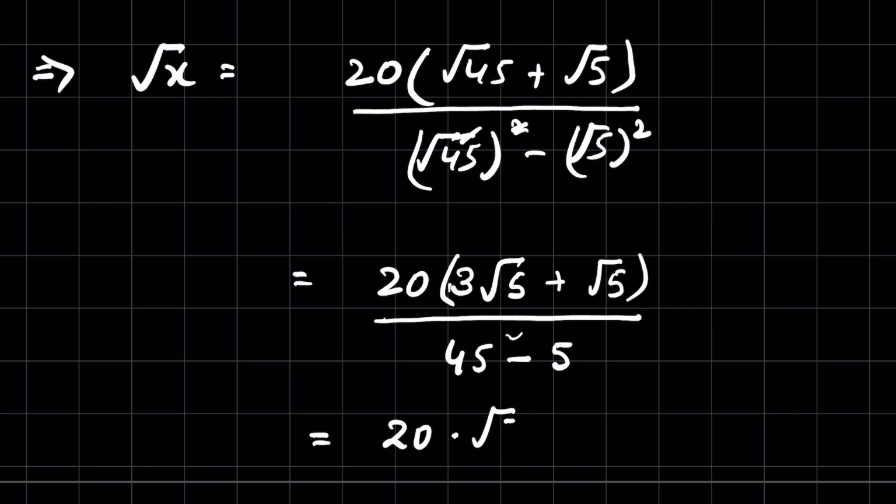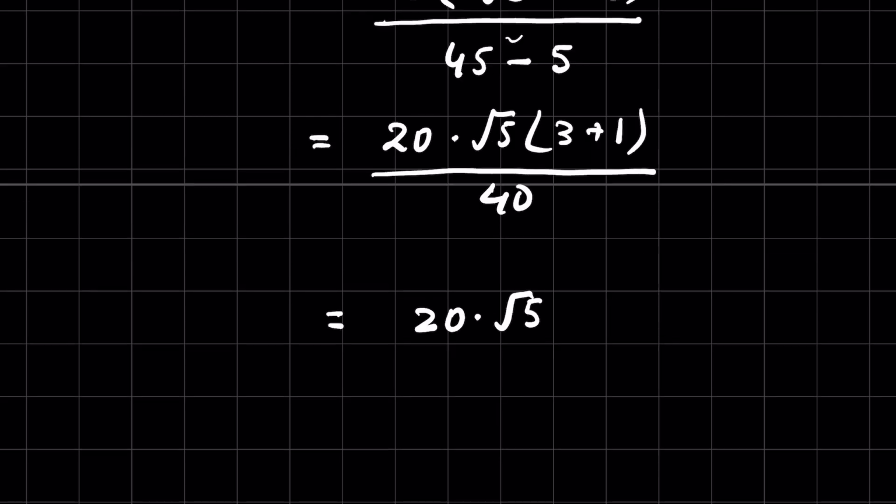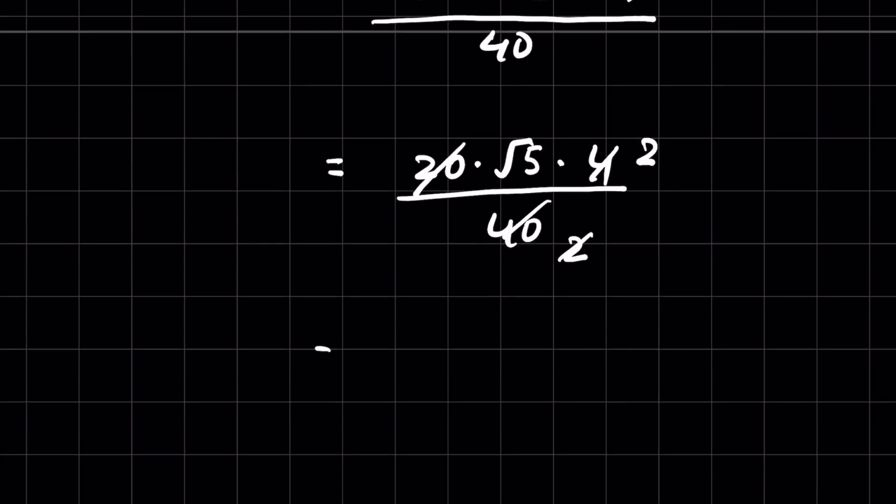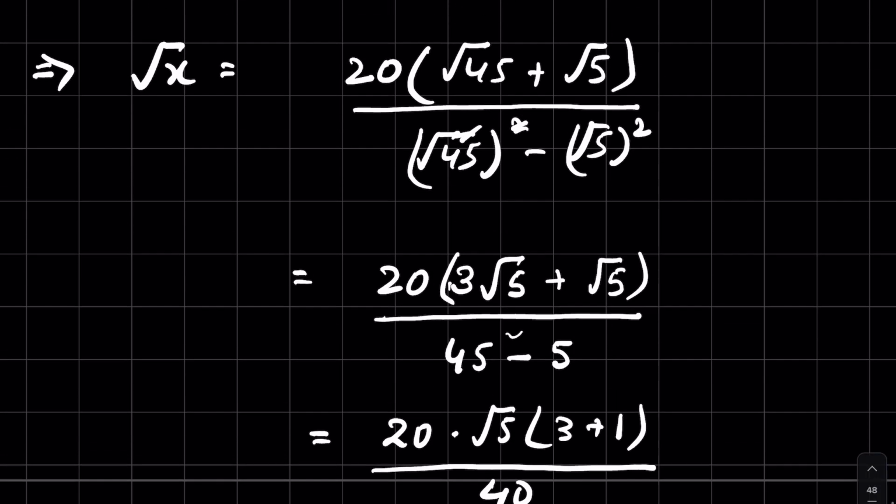Here we can take √5 common, so √5 times (3 + 1) upon 45 − 5 is 40, or 20 times √5 times 4. Now, 20 times 2 is 40 and 2 times 2 is 4. So this side we have 2 times √5 and this side we have √x from here.